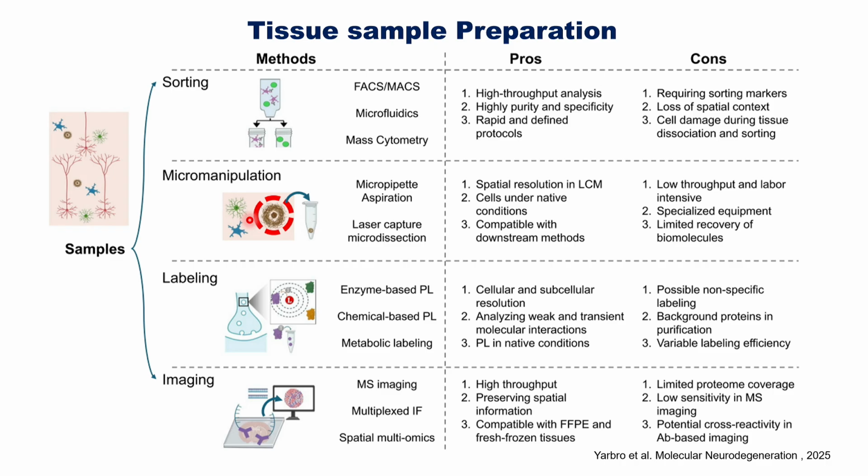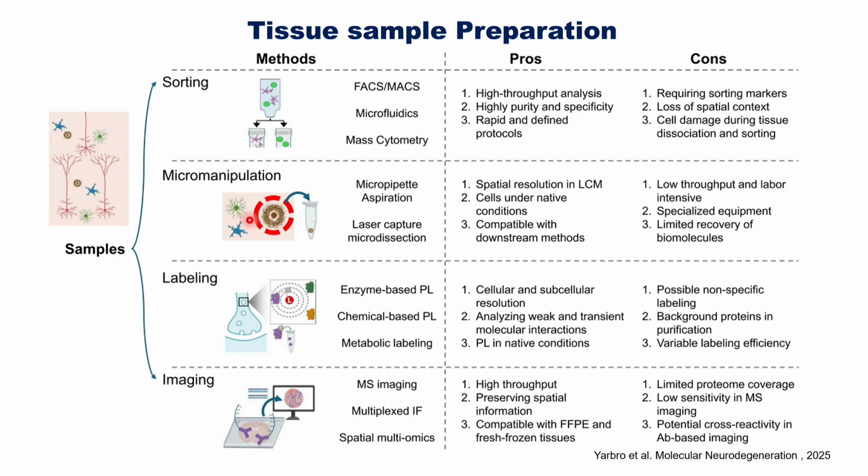I would call that macro dissection, because if we are not rich enough but still have the sample, we go to the pathologist, we say please mark the core versus not core, and then we take that part with the fine needle or the tiniest pipette tip.